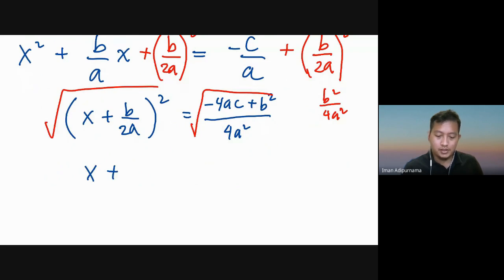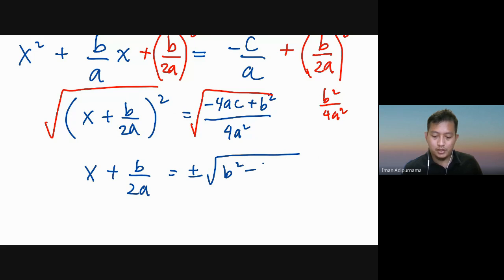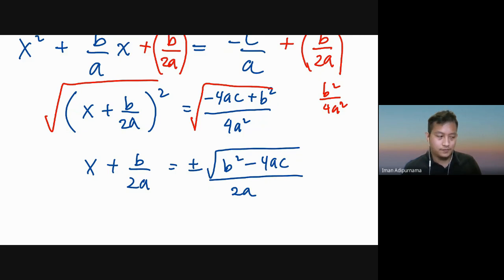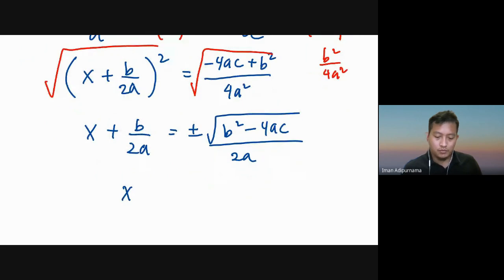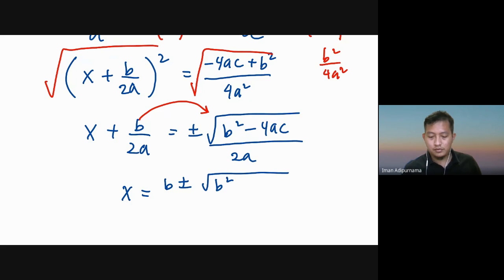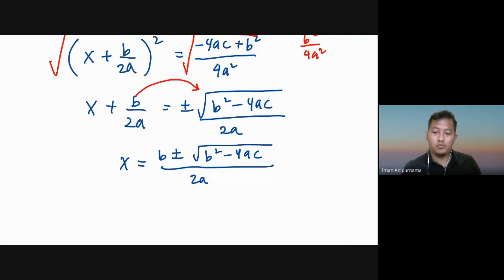So x plus b over 2a equals plus minus the square root of b squared minus 4ac. The square root of 4a squared is 2a. And then I write x, and move the b over 2a to the right side. So I will write minus b plus minus. That's when you get the quadratic formula.